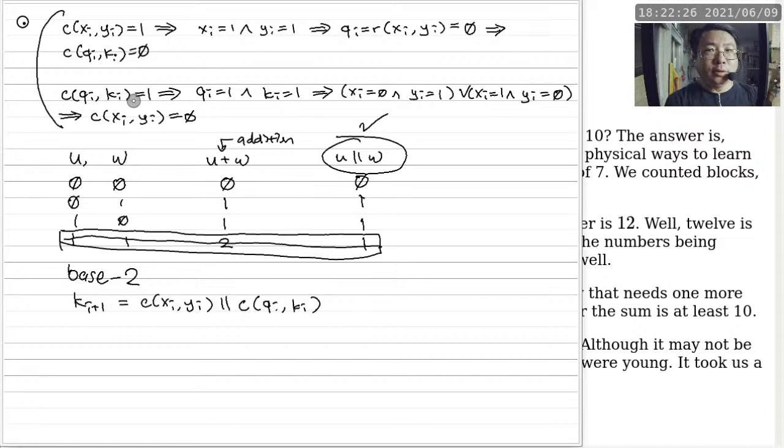Exactly. We are proving the return value of the C function cannot be both ones when we consider k of I plus 1. When we consider this equation here, this term and this term cannot both be ones. And it has to do with how qi is defined. Okay, that makes more sense. Thank you. Absolutely.